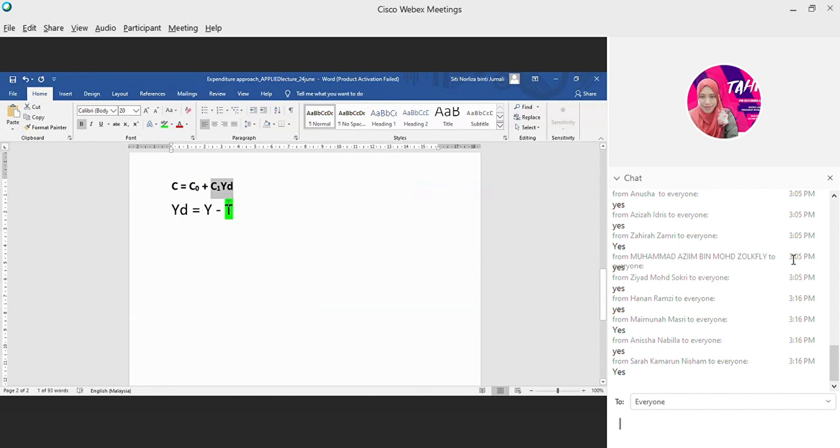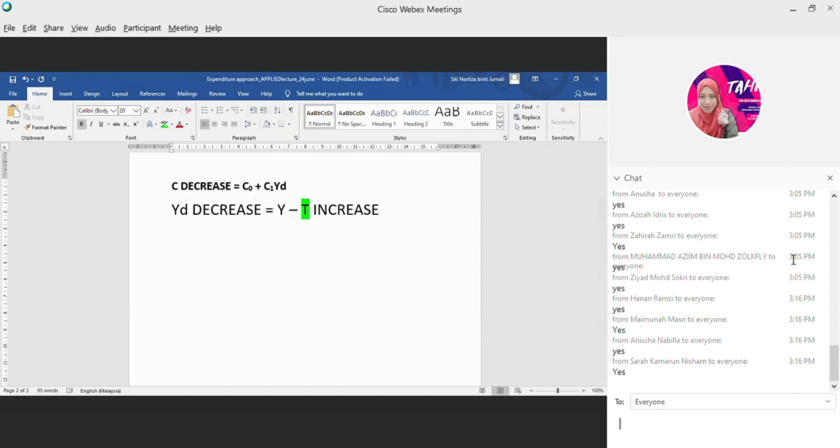So now, when T increases, actually we assume that government increases T. When T increases, YD will decrease. When YD decreases, what happened to the C? C also decreases.